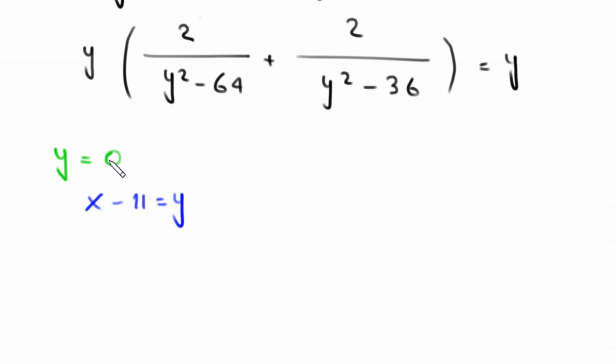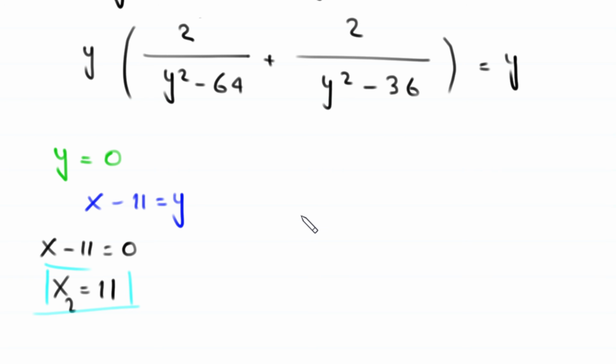Since y is equal to 0 is the solution, because this left hand side will become 0 and this right hand side will become 0. So we write this x minus 11 equal to 0. It means that x is equal to 11. So this is the second solution of the equation, x is equal to 11.